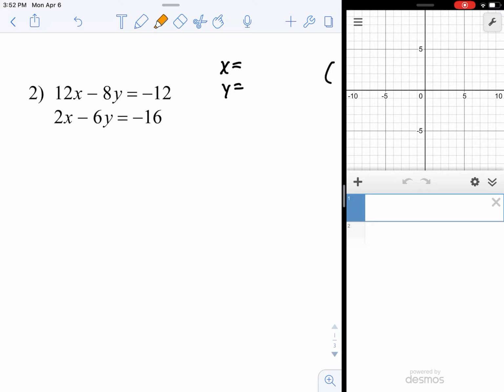I want to eliminate the x variables, and the way to do that is to make it so that this 2 becomes a negative 12. And the rule is you can multiply or divide by any number, as long as you do it to the whole equation, both sides of the equal sign. And then you are allowed to add equations together.